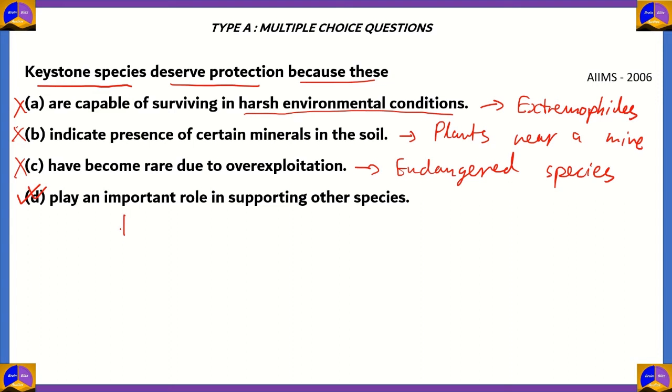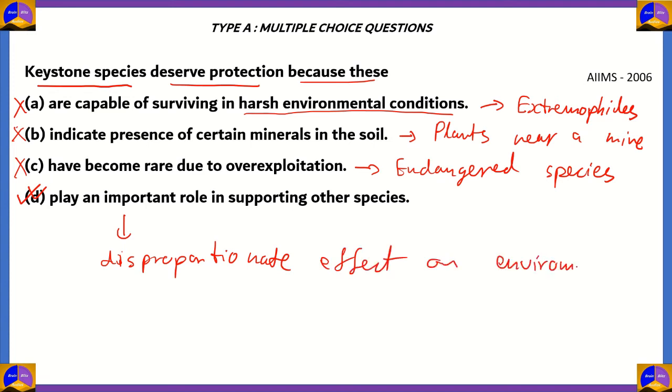The species itself, which we call keystone species, have a disproportionate effect on the environment with respect to biomass. So therefore option D is the correct option here.